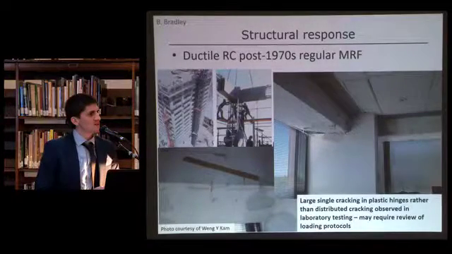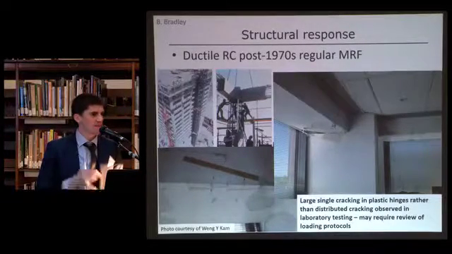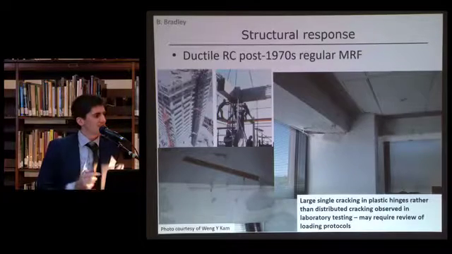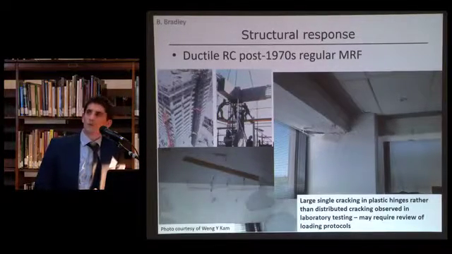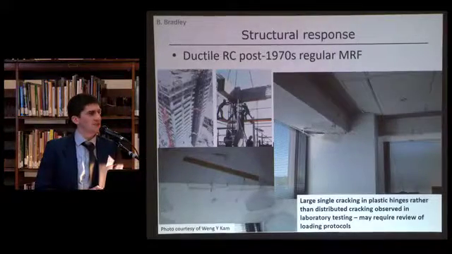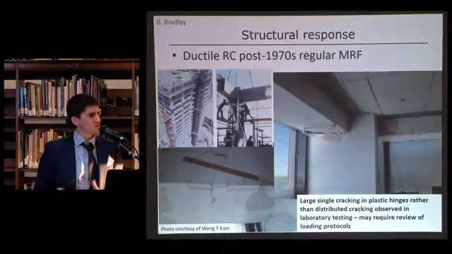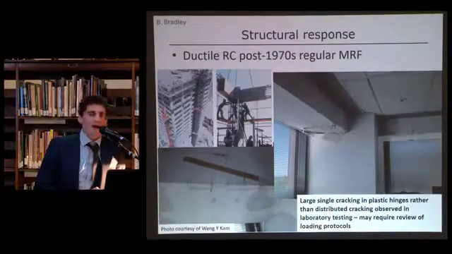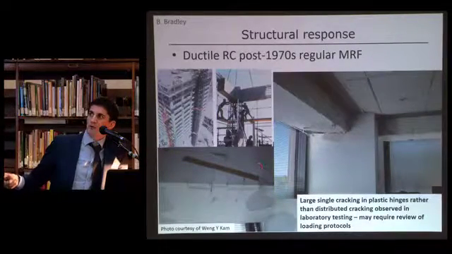Probably one of the surprising things, this was sort of Christchurch's version of the 1994 Northridge earthquake phenomena. Northridge was the problem with steel frames and brittle failure of the web. In Christchurch, what we observed was the poor performance of some post-1970 ductile concrete moment frames, where all of laboratory experience, both in New Zealand, also in Japan and the US, tended to indicate that these systems were designed such that we'd get really nice plastic hinges with large amounts of flexural cracking, whereas in a pulse-type earthquake, what we tended to observe was few isolated cracks.